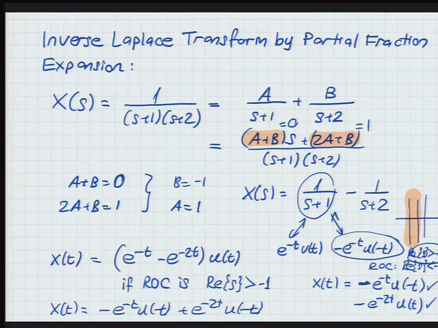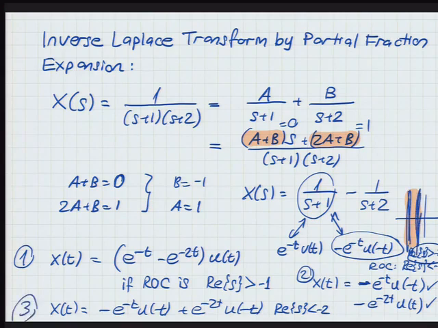So I would need real part of S to be less than negative 1, also less than negative 2. The more restrictive of the two is less than negative 2. Real part of S less than negative 2. So we actually have multiple answers if the ROC is not given. This is 1, this is 2, and it goes with this ROC here. And then this is answer 3.